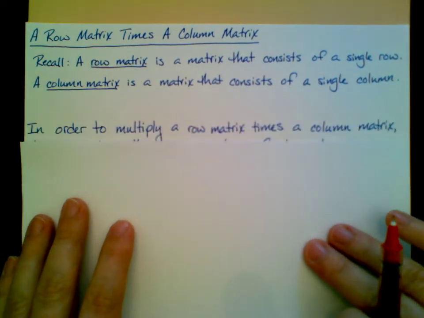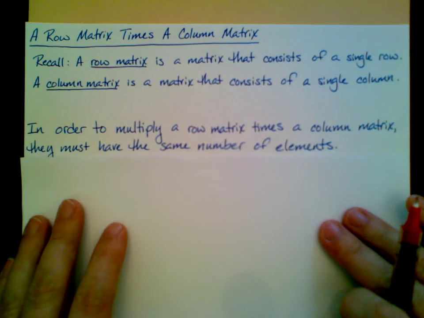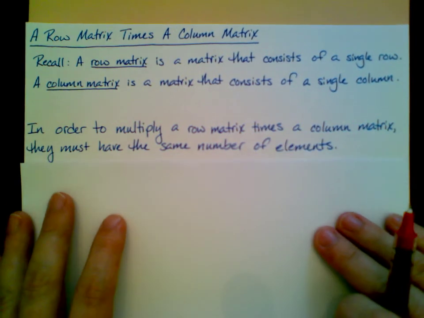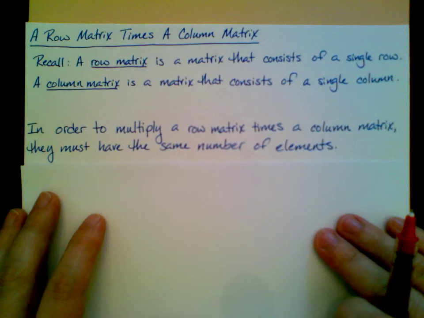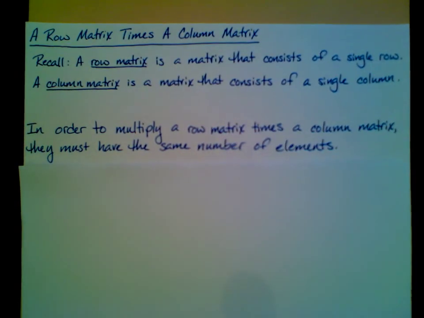So, in order to multiply a row matrix times a column matrix, they must have the same number of elements. Now, they won't have the same size because their orientation will be different. A row matrix has a single row, so its size will always be 1 by n, where n is however many elements it has.